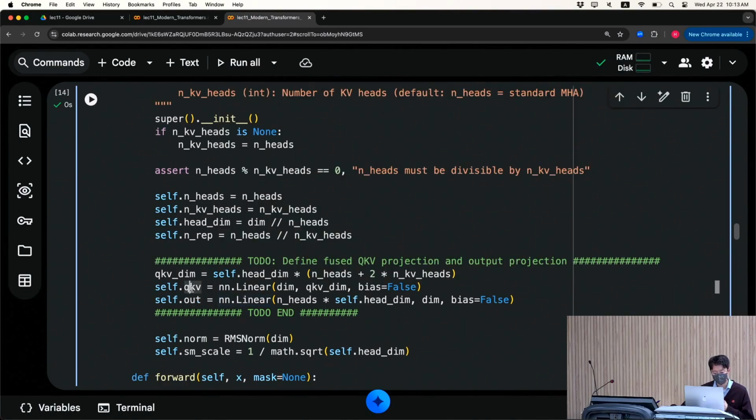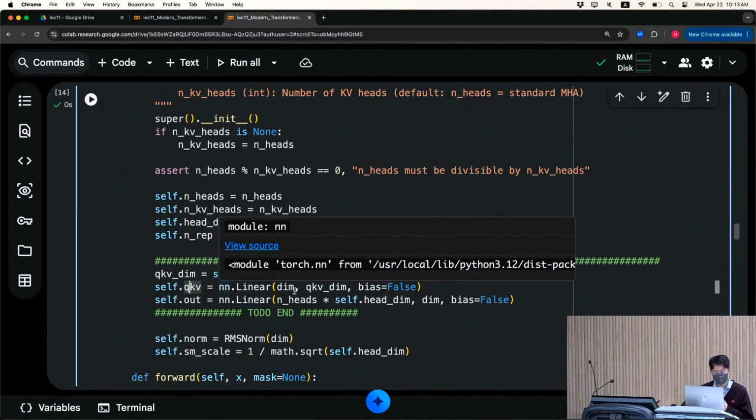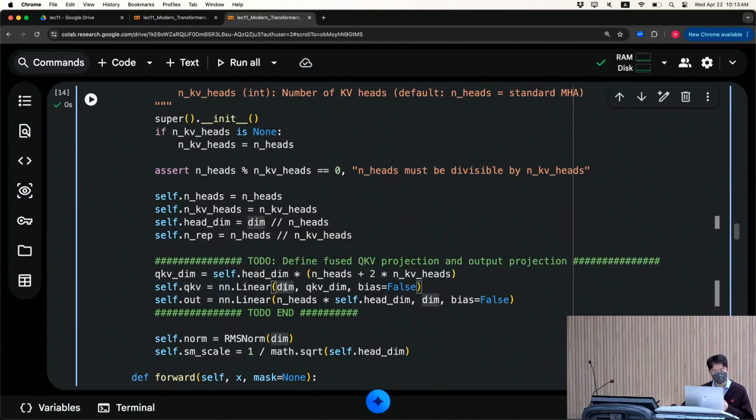So we define 2 matrices. First matrix is the concatenated large matrix W, which is of size dimension times QKB dimension. And the out matrix is number of heads times head dimension times dimension.